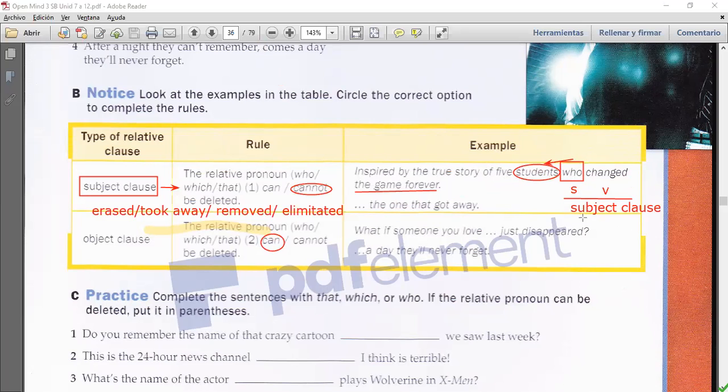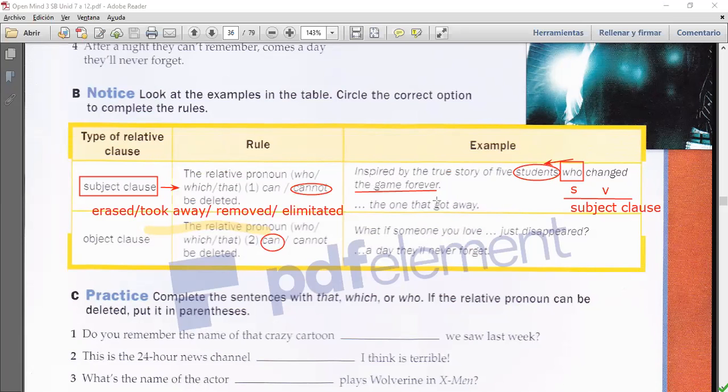That's why this is called subject relative clause, because the relative pronoun who is in place of students. Okay, let's continue. Teacher, in this case, we cannot erase who.